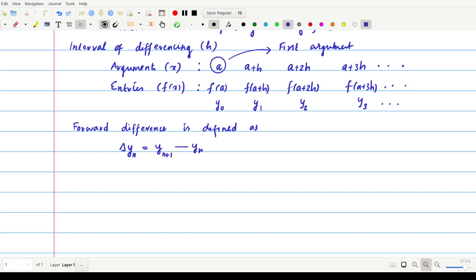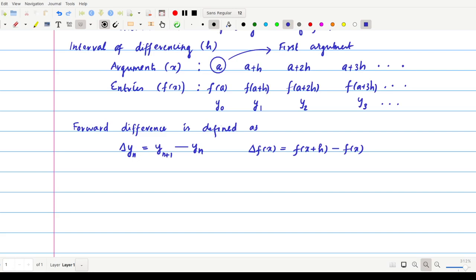In the other notation we write delta f of x, which in general is defined to be f of x plus h minus f of x. That means we move one step forward and take f of x plus h, then consider the difference between f of x plus h and f of x. If h is the interval of differencing, this is what we call the forward difference.